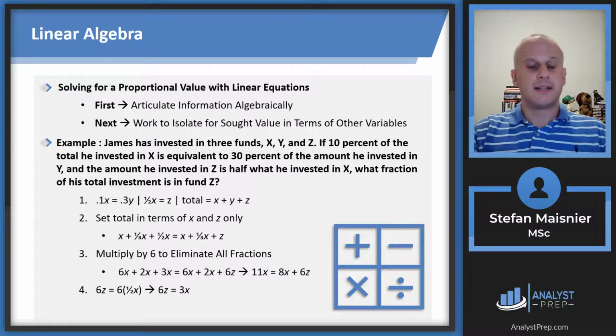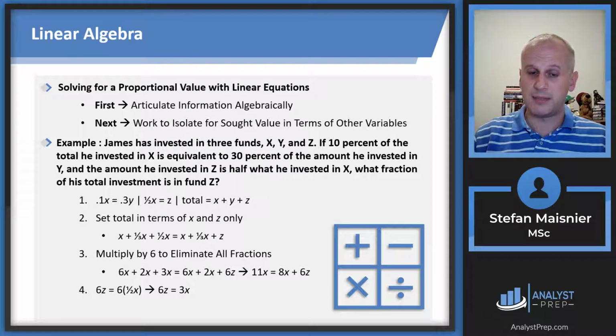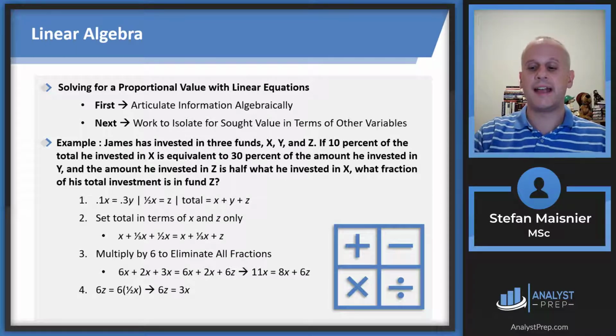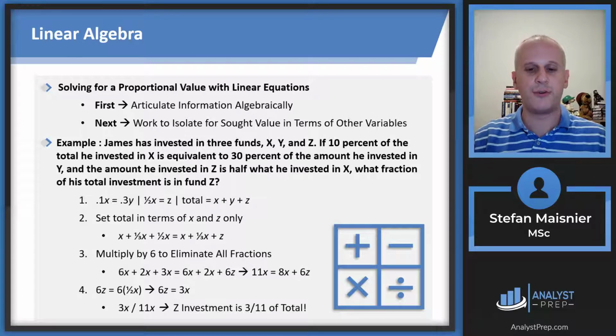So 6z is equal to 6 times 1/2 x. Here's where substitution was probably necessary. So 6z is just equal to 3x. And finally, we can just list out that value of 6z in terms of 3x out of the 11x total to determine that the z investment is 3/11ths of the total investment.